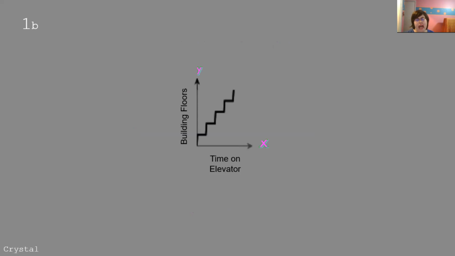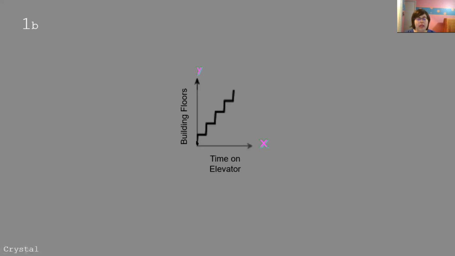Then we're going to look at our elevator ride. On our y-axis, we're looking at the floors in our building, and on our x-axis, we're going to look at the time we spent on each floor. We've all gotten in that elevator and some kid pushed every button. So now you have to sit and wait for the doors to open and close on every single floor.